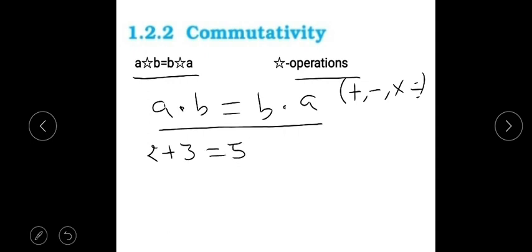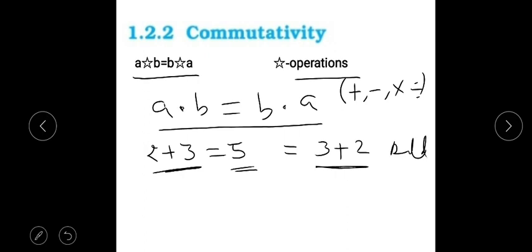And if we operate 3 plus 2, the result is also 5. So 2 plus 3 is equal to 3 plus 2. It means that the numbers are following commutativity for the operation addition.